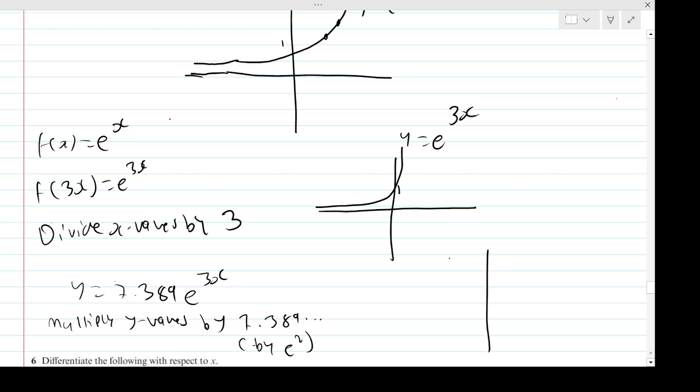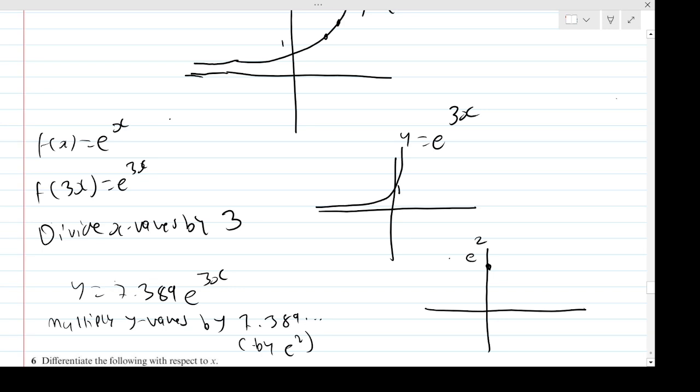So if I'm going to multiply all the y values by roughly 7.389, roughly 7, the graph is going to be even steeper, okay? So it's going to look like this. And first of all, the y-intercept of 1, if I'm multiplying it by e squared, it would then be e squared, so it would be up here, or 7.389 as a decimal.